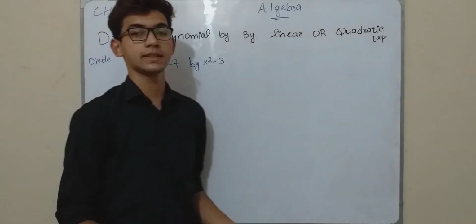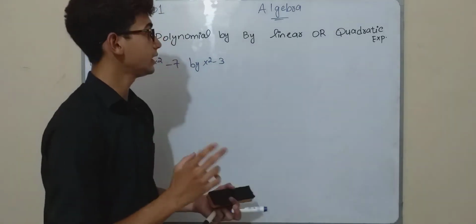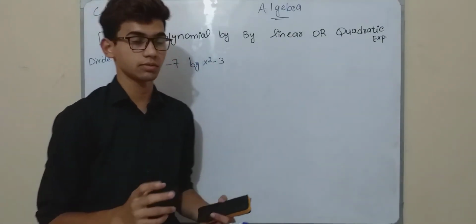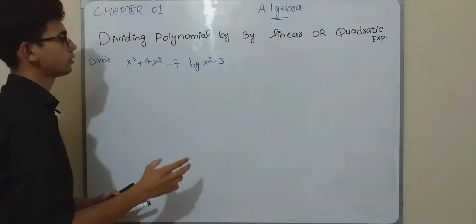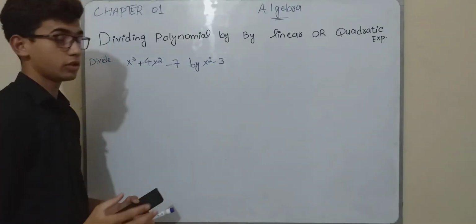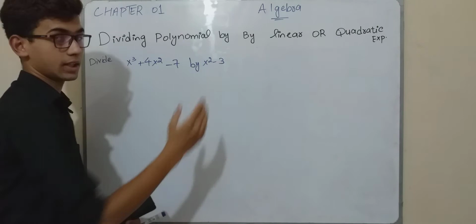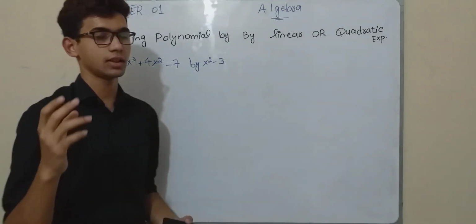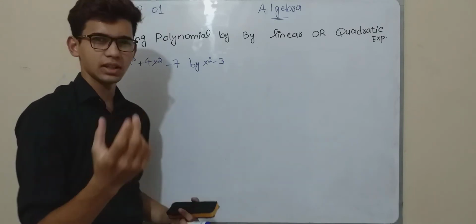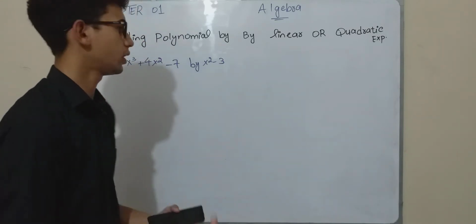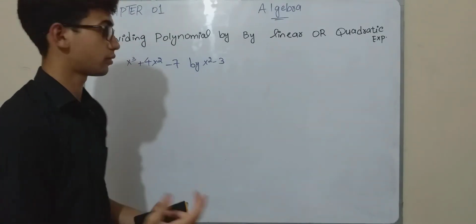So the previous example which we solved was a linear expression which we used to divide a polynomial. But now we are going to divide a polynomial by a quadratic expression. A quadratic expression is one in which the variable has maximum degree 2. It means the variable has maximum power of 2.